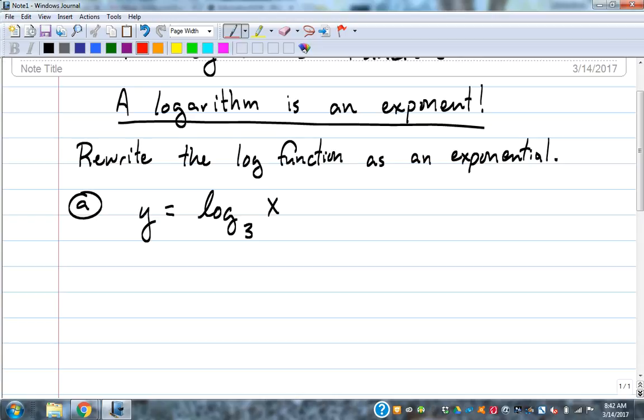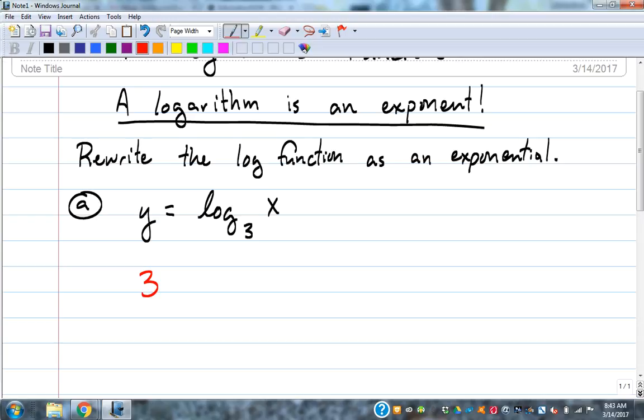So whatever that logarithm is equal to is the exponent. And when we're talking about exponential things, the base is the base. It's the big number that has the exponent, right? So when we read log base 3, the base 3 means 3 becomes your base. The logarithm is equal to an exponent.